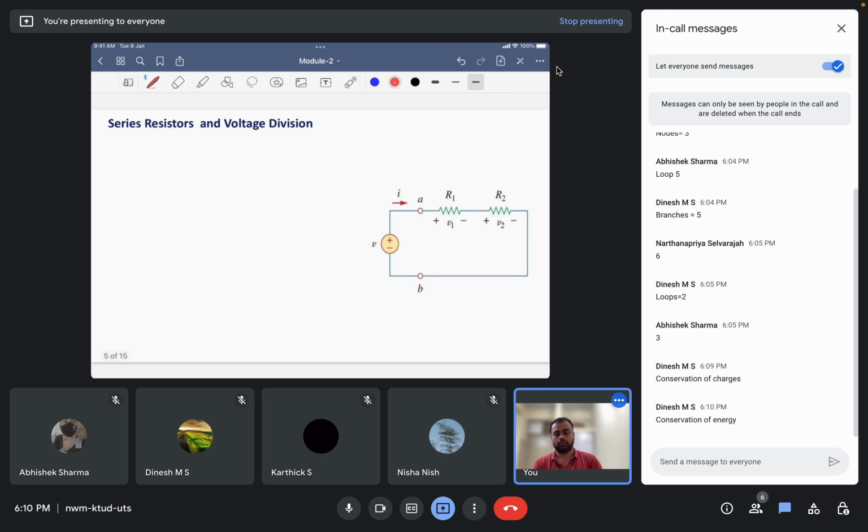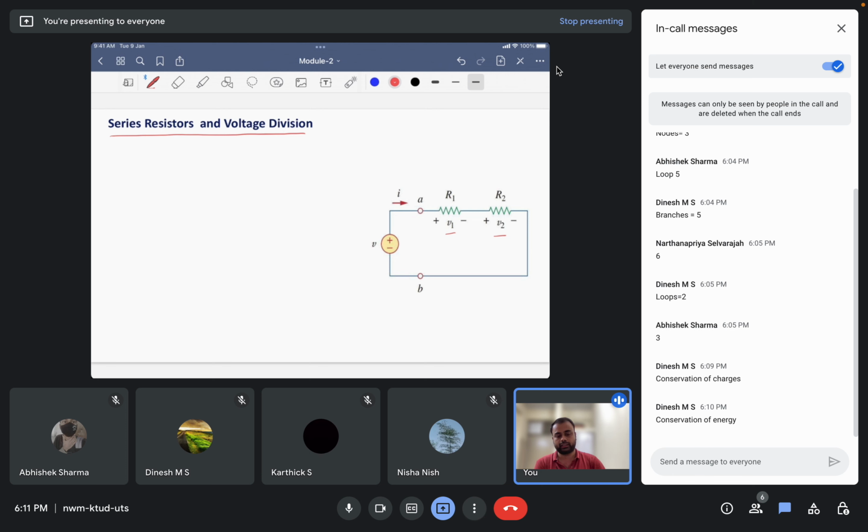Now on the basis of Kirchhoff's current law and Kirchhoff's voltage law, we have to find the voltage across each resistance. For example, in this very basic circuit, resistances R1 and R2 are connected in series, with the potential drop across R1 given by V1 and across R2 given by V2.